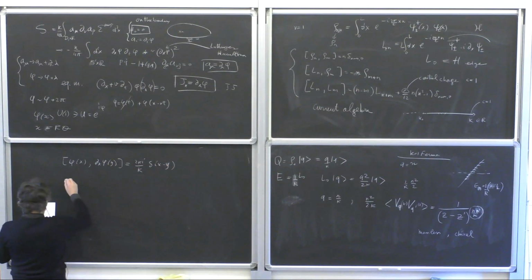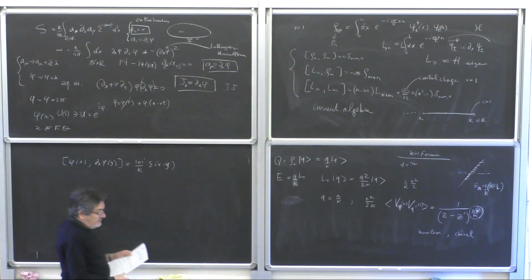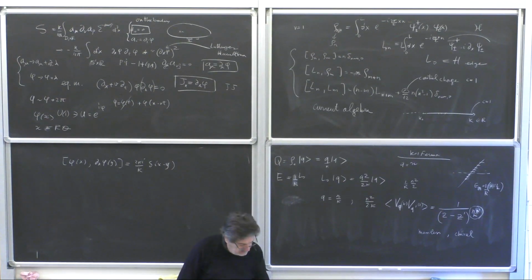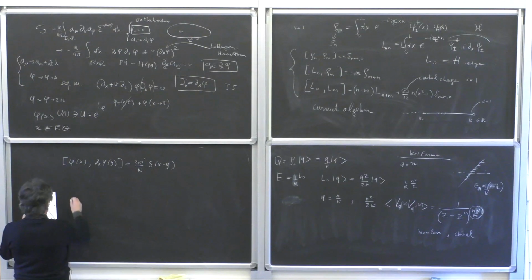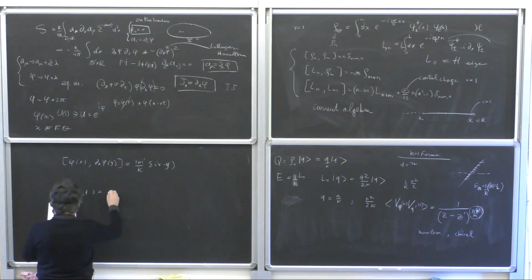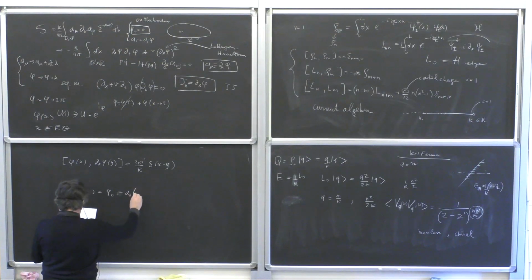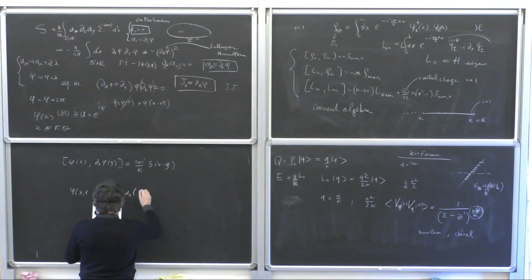And then also you expand the field phi of x and t, which is going to have phi 0 plus alpha 0 times x minus vt.